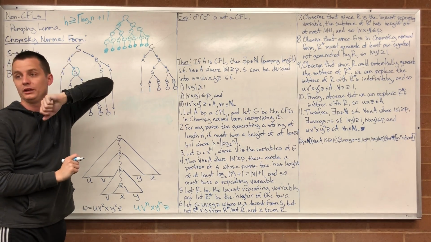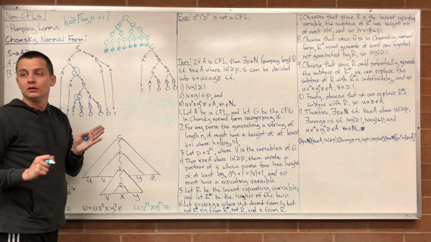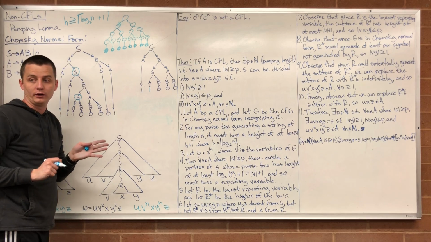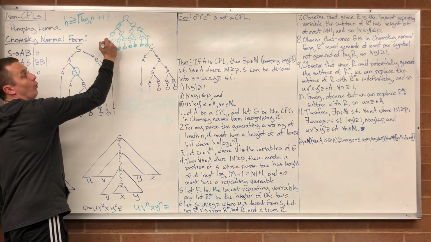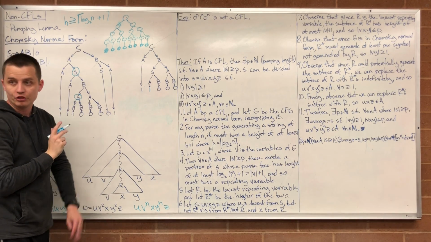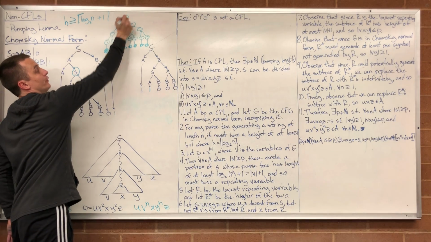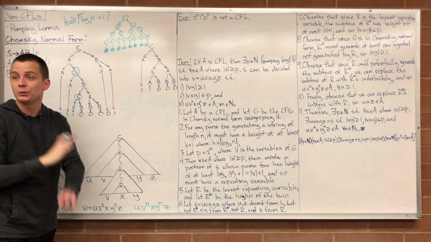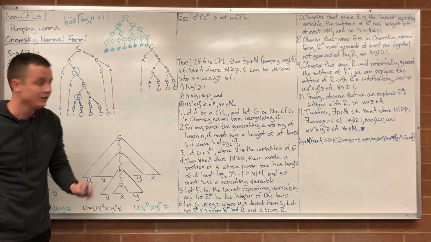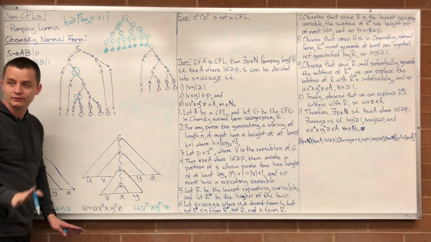It's as shallow as it could have been, right? And what's the height of the tree? 4. And so we have to use at least 4 variables for generating a symbol. The grammar only has 3 variables. Therefore, we have a repeating variable. And with the repeating variable, we can start replacing. That's the key.